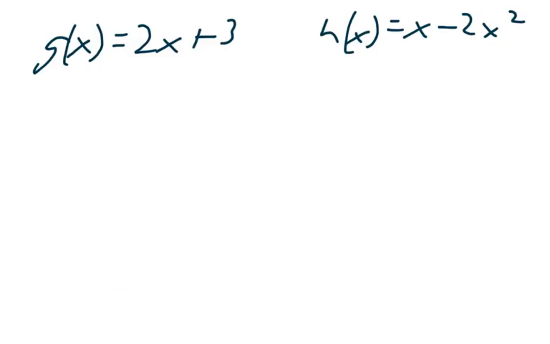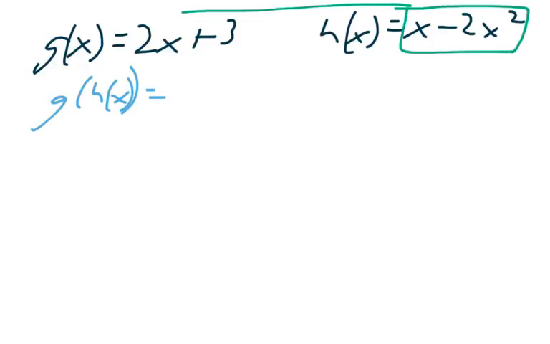Alright, for this first one, there's two problems here. We're going to do g of h of x, which means I'm going to take this and plug it in there. And when I do that, I get 2 parentheses x minus 2x squared plus 3.